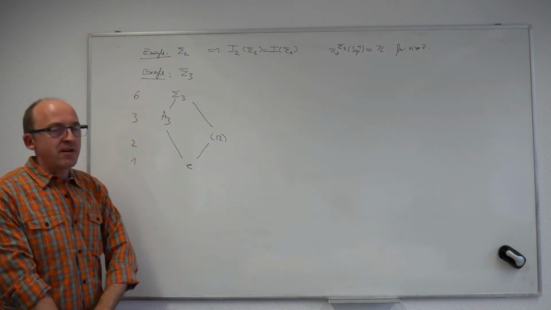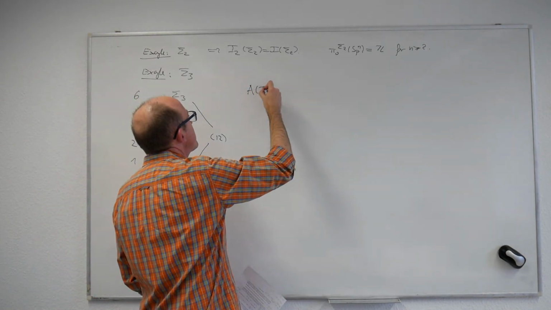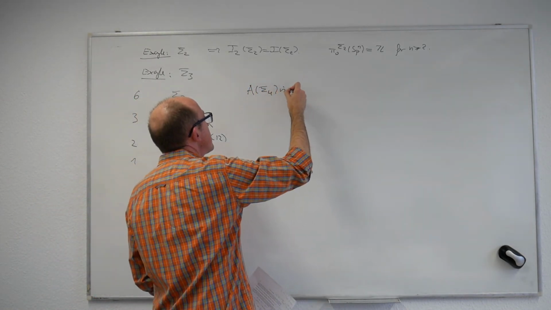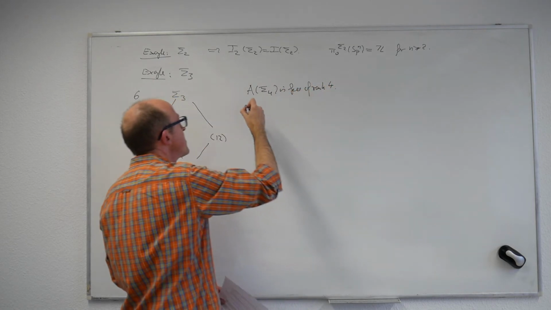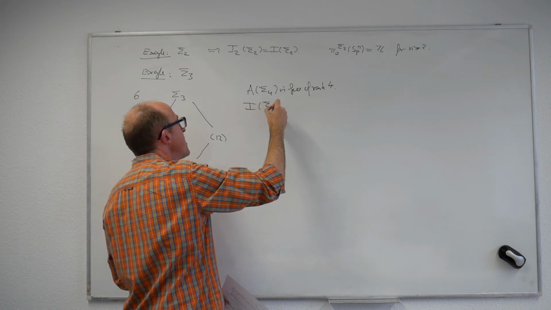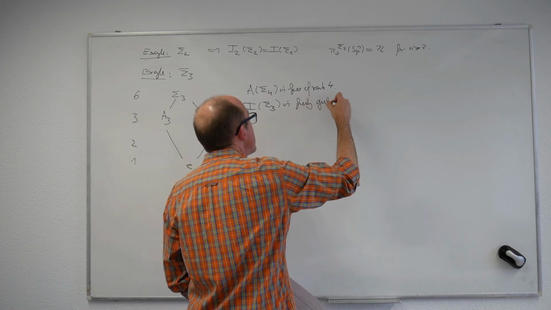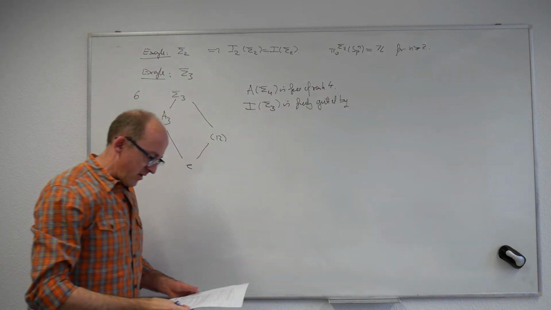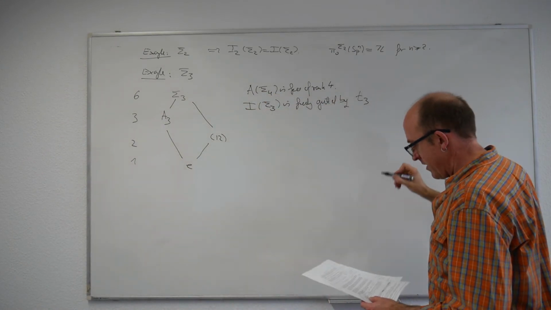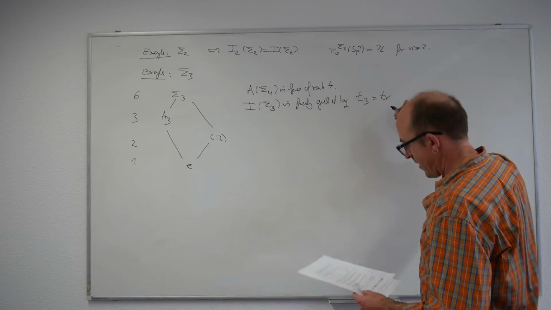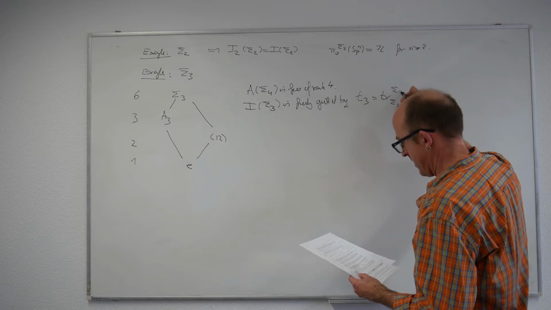Because there are 4 conjugacy classes of subgroups, the Burnside ring has rank 4. So the augmentation ideal is free of rank 3, and it's freely generated by 3 classes. And a convenient basis would be the element T3, which is transfer from sigma 2 to sigma 3.